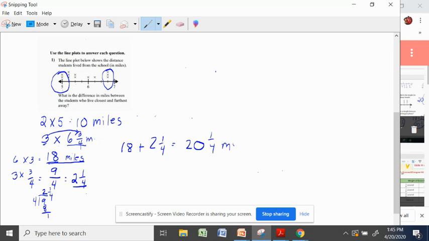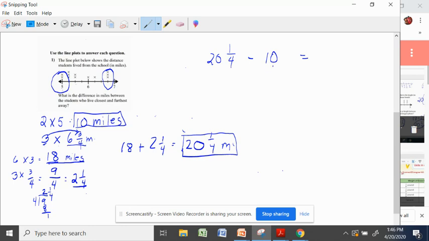So now we don't stop there because it's asking for the difference in miles between the students who live closest and furthest away. So remember, when we are looking for the difference, we subtract. So obviously, now I'm going to subtract these two answers. 20 and 1/4. Of course, I'm going to start with my longest because it's bigger. 20 minus 10.